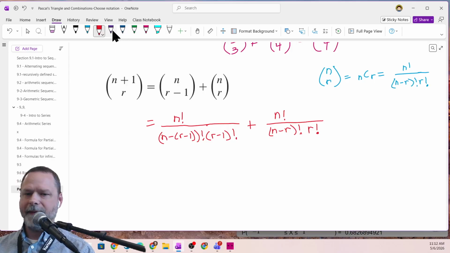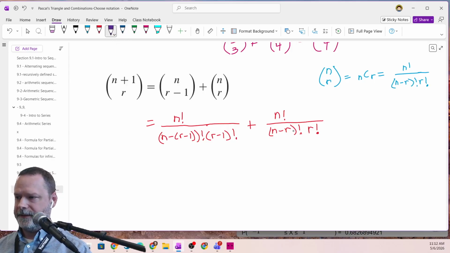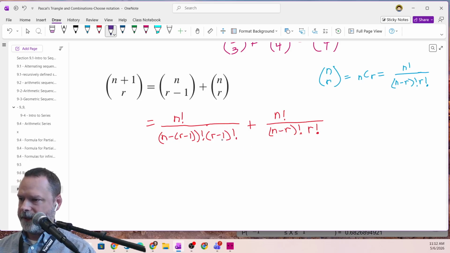We got to combine these. We want like terms on these. So let's see what we got. We got r minus 1 factorial, r minus 1 factorial. That's the same. Oh, no, I'm sorry. N minus r. Here we got r minus 1. So actually an r factorial.